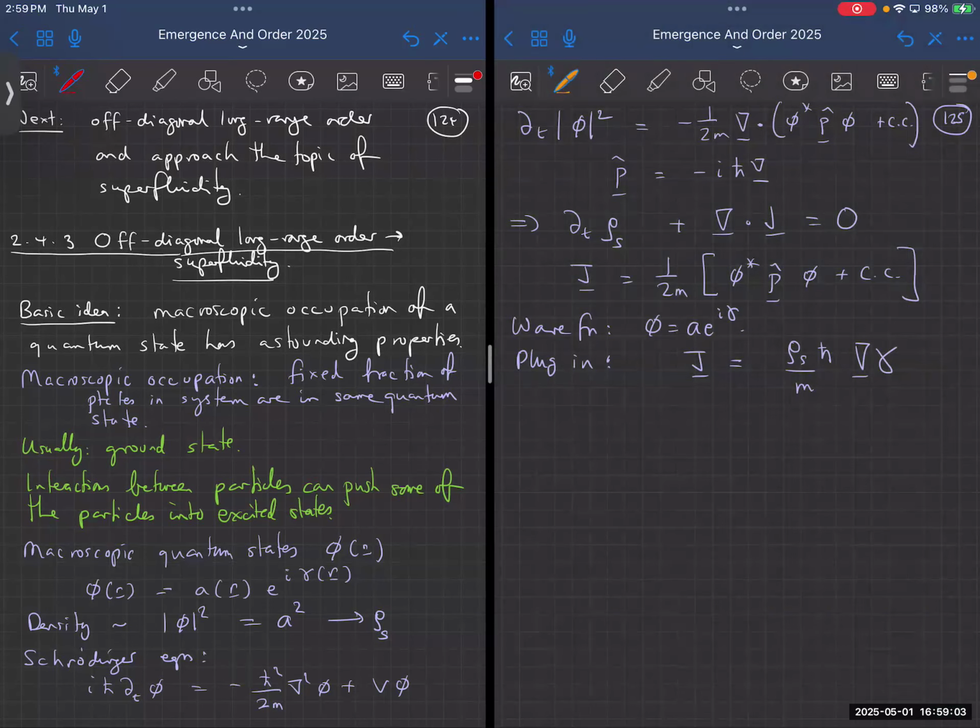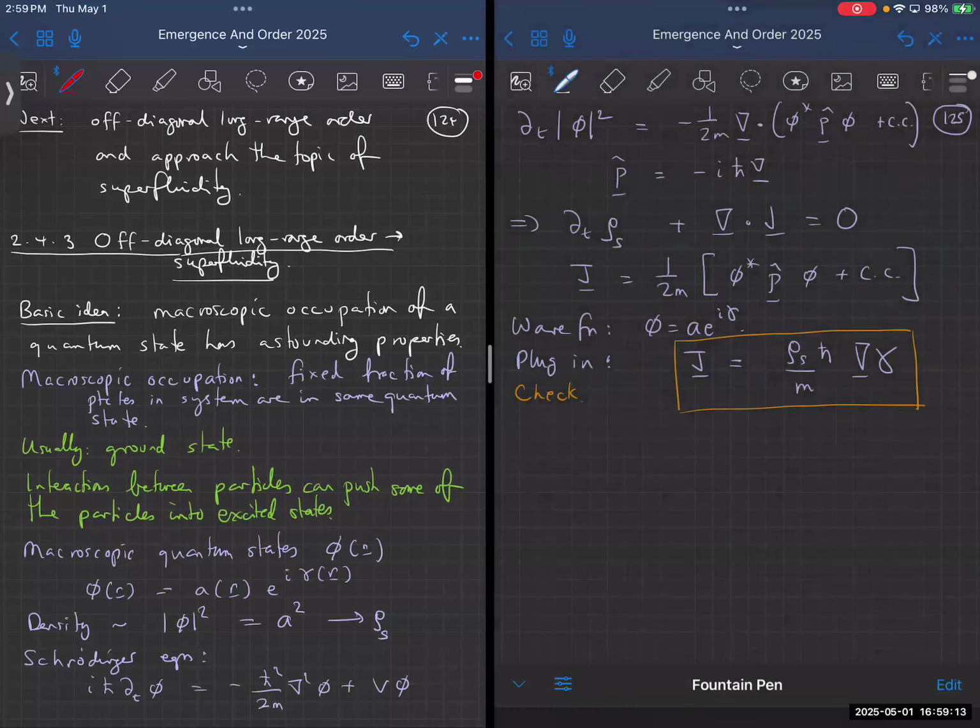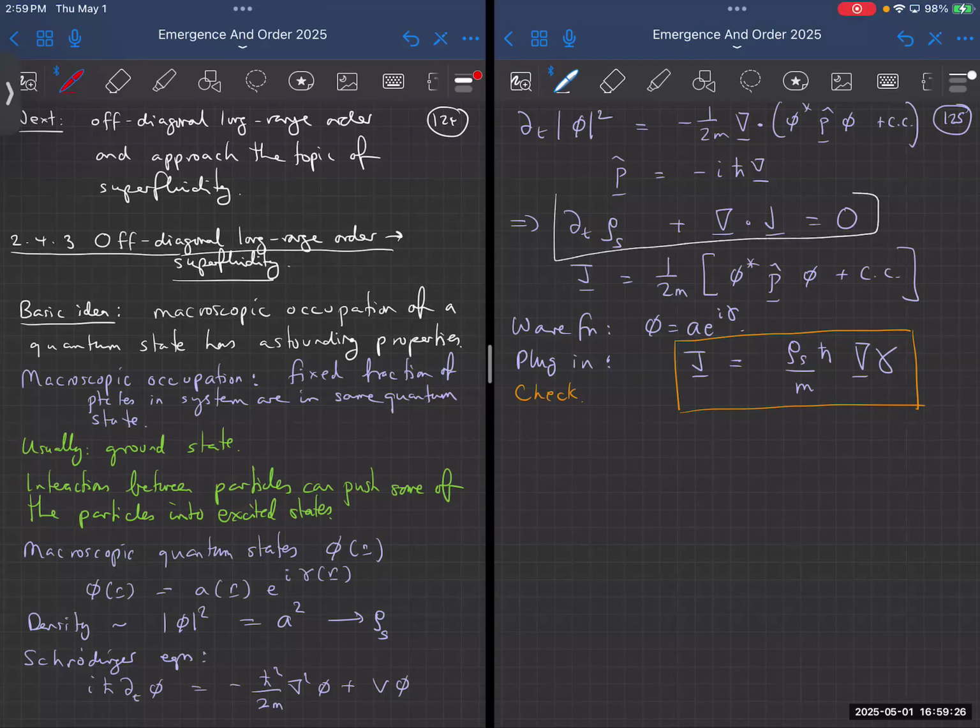This is something that you should check. It's only a couple of lines of algebra. Now I want to consider the physical consequence of this. When you're normally given an equation like this, this equation here is a continuity equation.